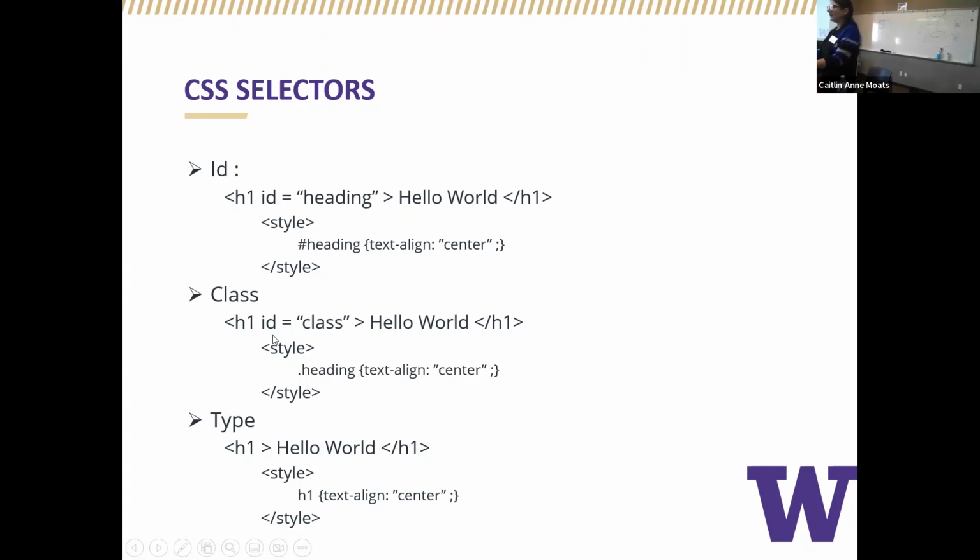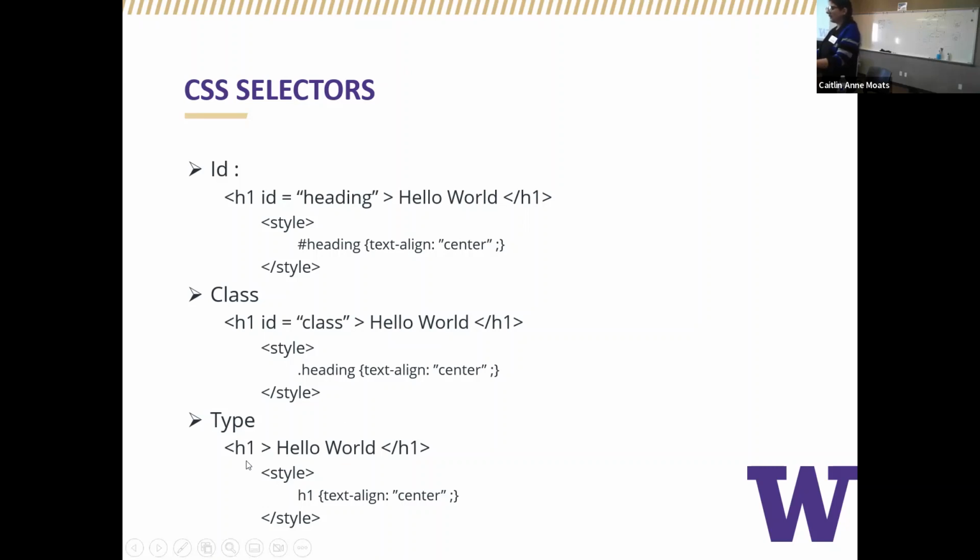Another way is to define classes. If I define a class equal to heading, then in the style tag, I can write dot heading and perform various types of formatting.